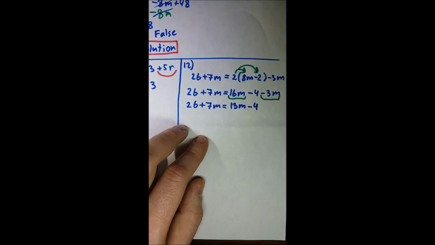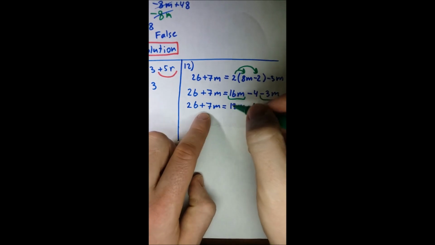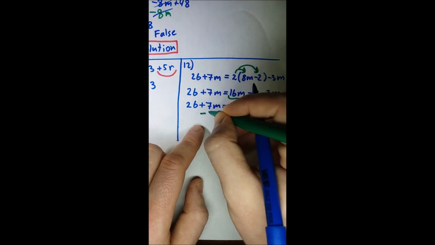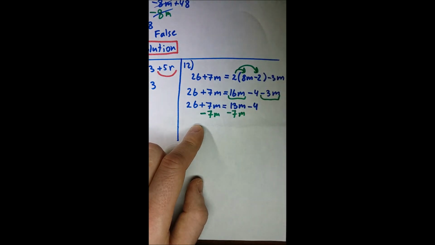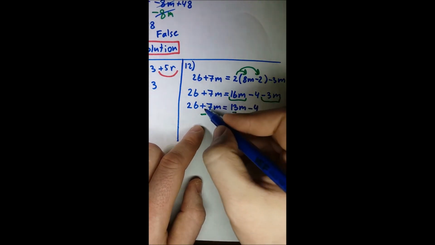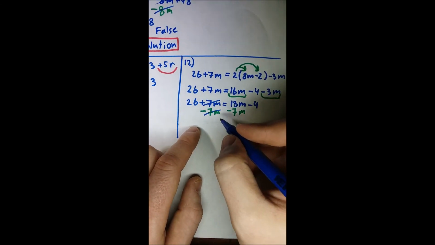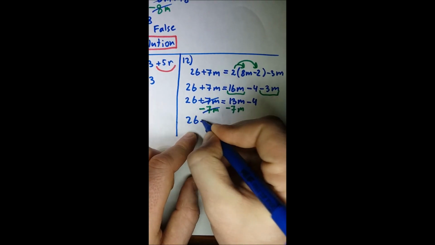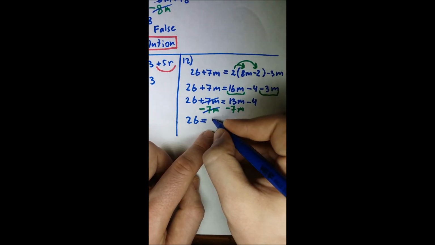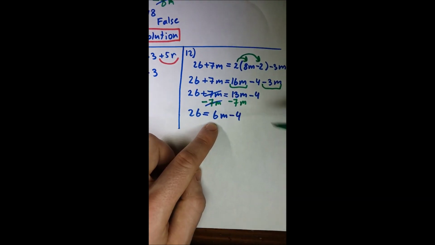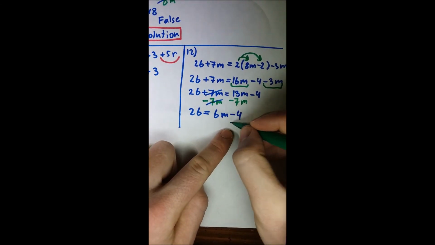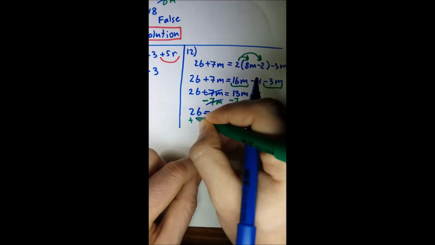Now let's move m's around. And again, we're going to move the smallest one, right? So subtract 7m. I move smallest one because I don't want to deal with negatives in the future. So you get 26 equals 13 minus 7 is 6m minus 4. Now add 4 to both sides. Plus 4 plus 4.